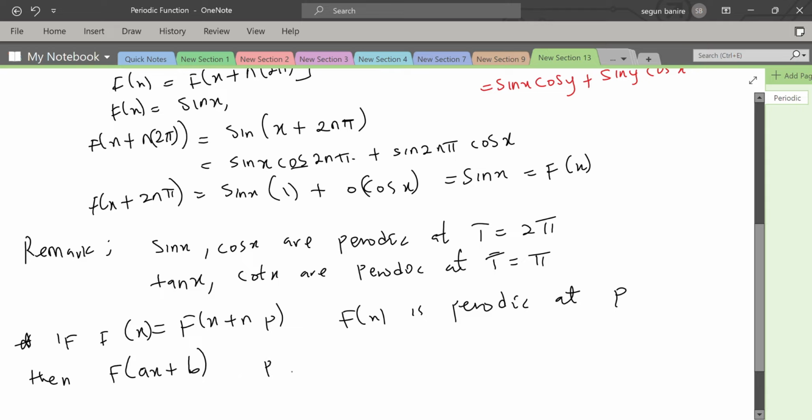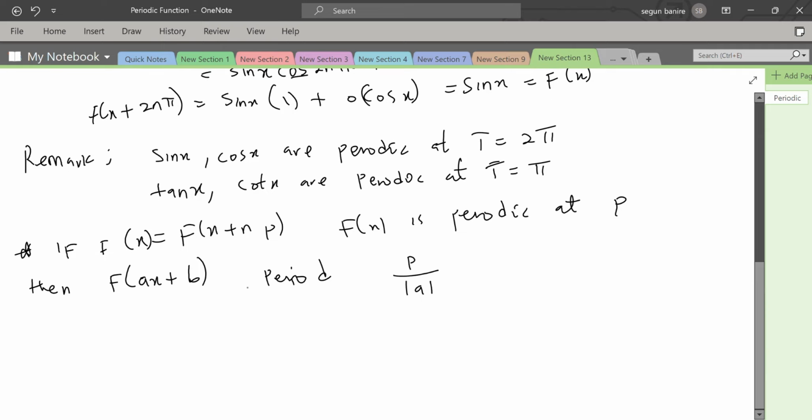The period for this function will be p divided by the absolute value of a. So that is the period. The absolute value is just to make sure that whatever the coefficient is, negative or positive, you make it positive.